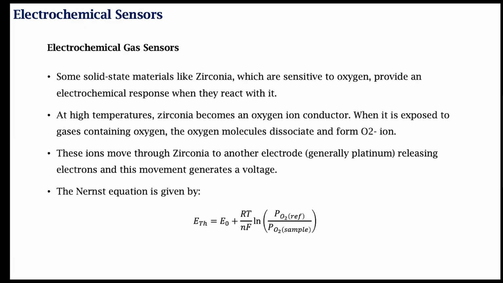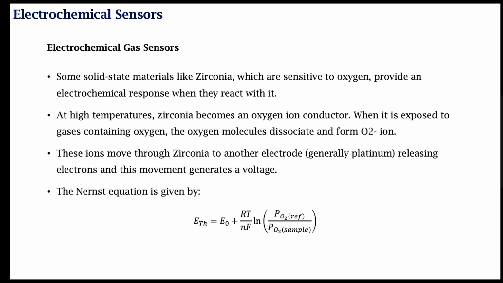Some solid state materials, for example zirconia, are very sensitive to oxygen, and they can be used to measure electrochemical response when they react with oxygen. So this way we can actually use it to measure concentration of oxygen. At high temperatures, zirconia becomes an oxygen ion conductor.